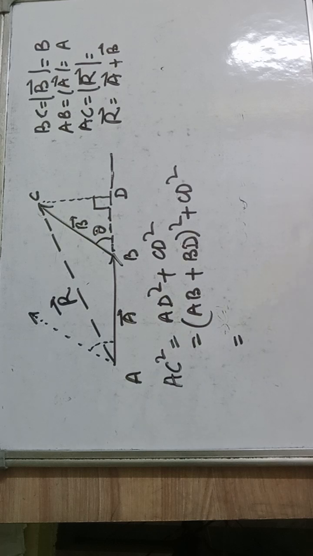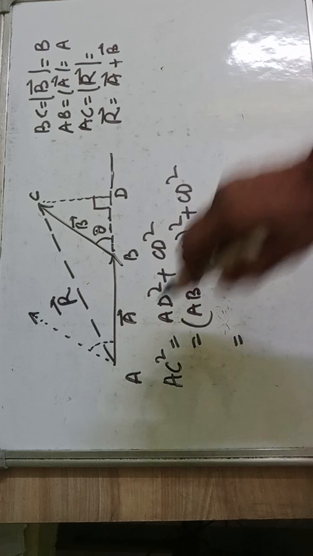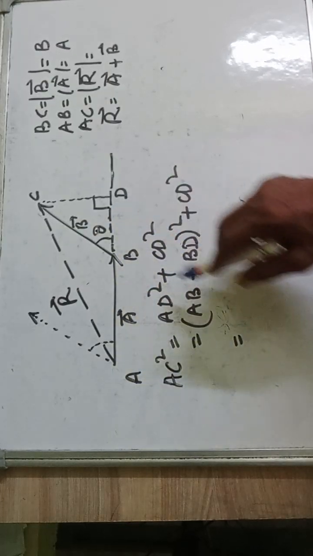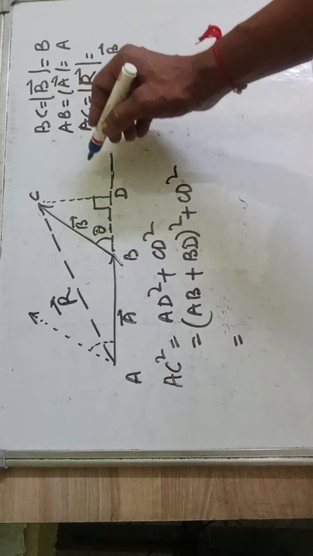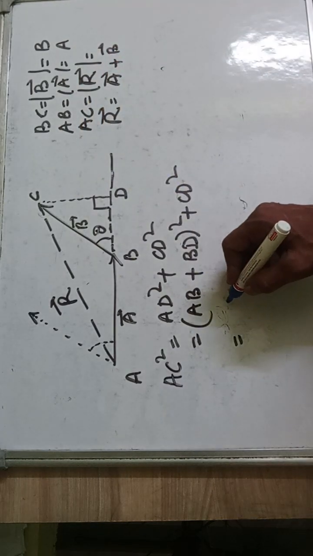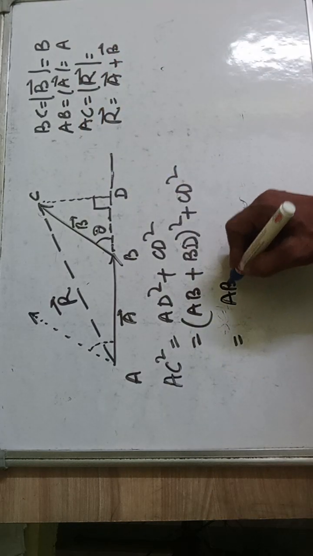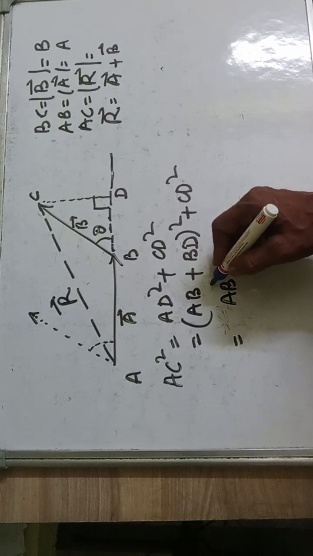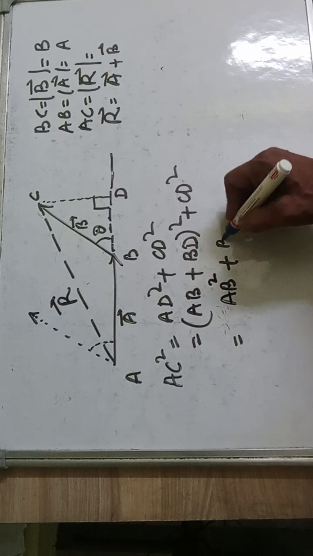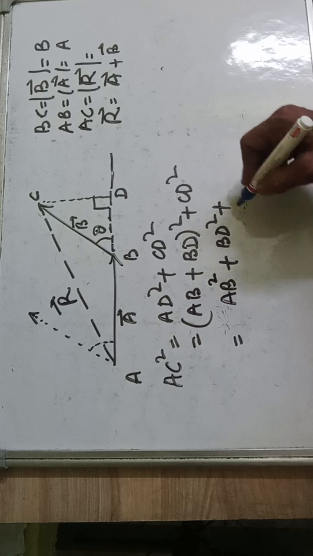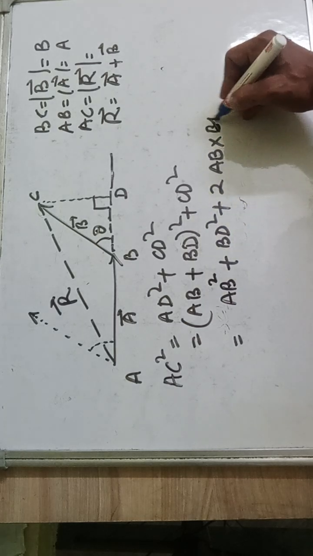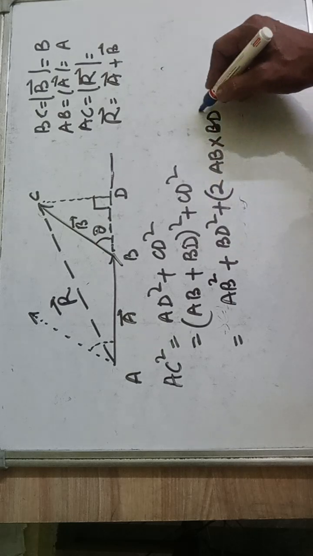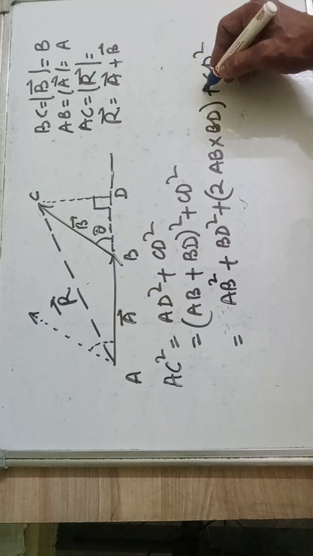That is the Pythagoras theorem for a right angle triangle. Now AD is AB plus BD. So it is AB square plus BD square plus 2AB into BD, plus CD square.